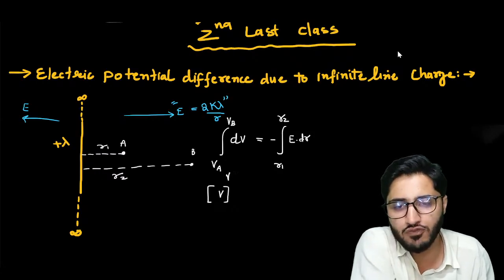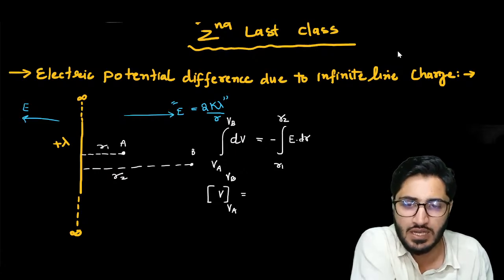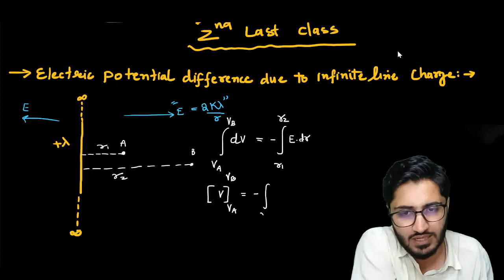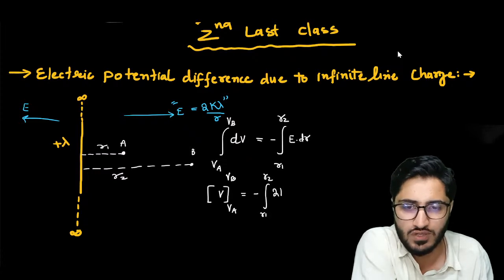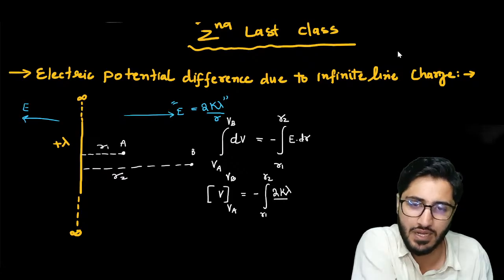So my upper limit would be VB and lower limit is VA. Minus is minus. Limit R1 to R2. What is E? E is 2k lambda by R, then dr.